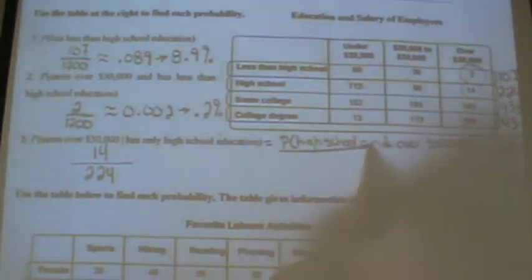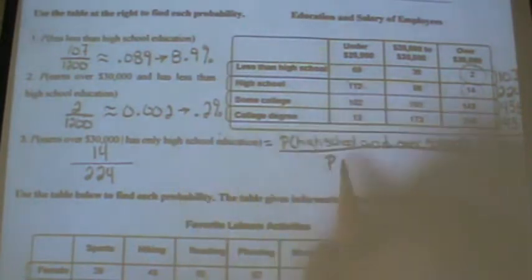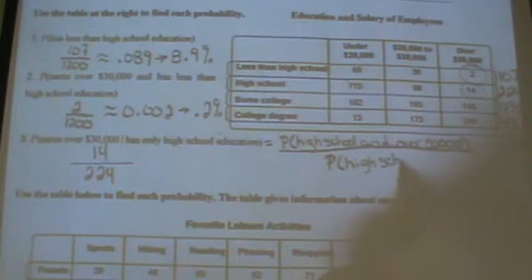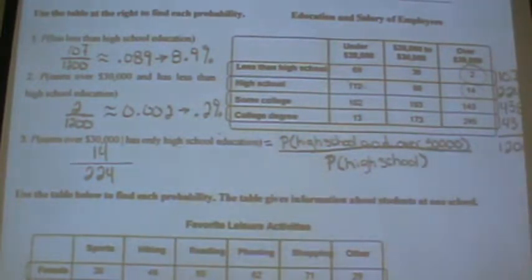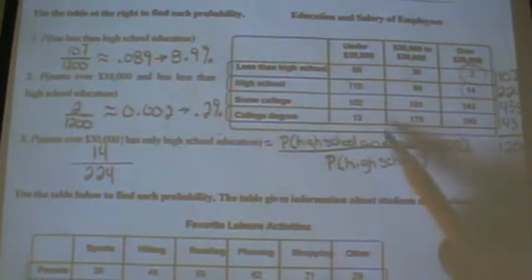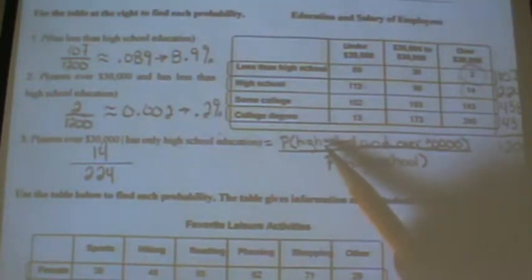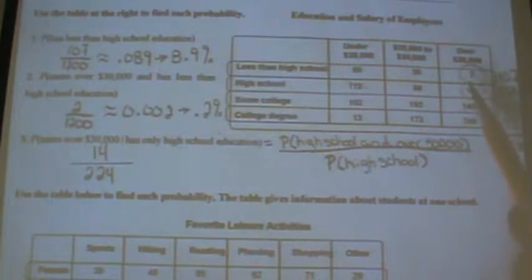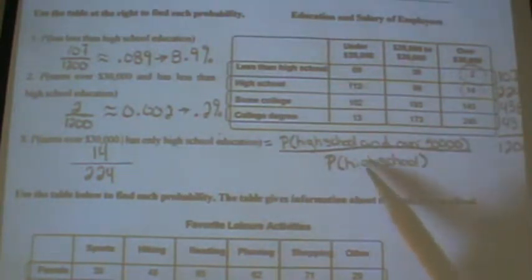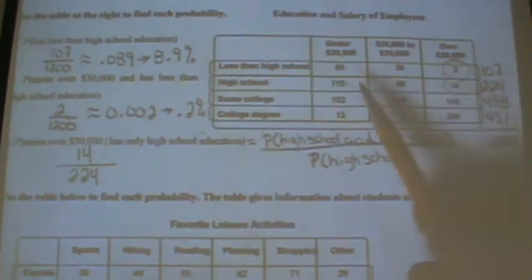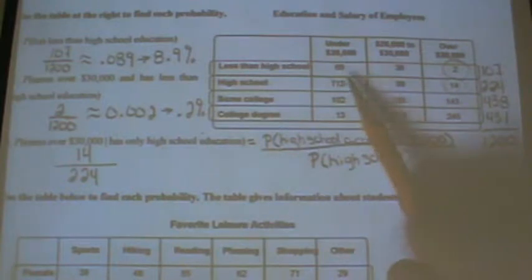And then that's going to be divided by the probability of your given value, which is that they have a high school education. So that's using the formula. So this 14 is when they have a high school education and they earn over 30,000, which we got from our table, divided by the number that were in high school, which is the 224 because we added up this row.